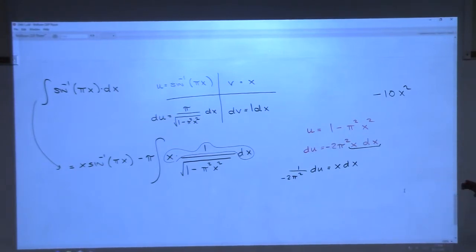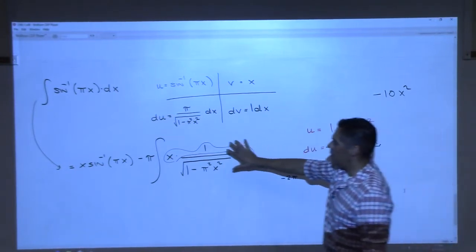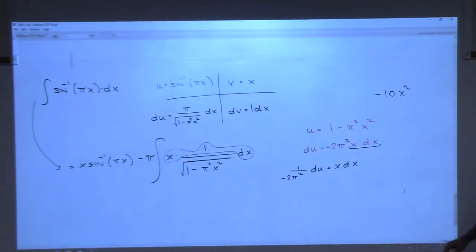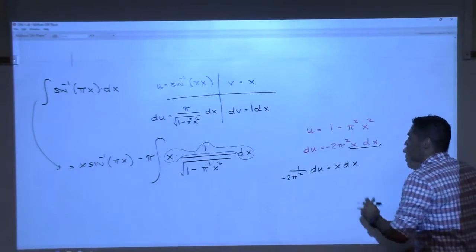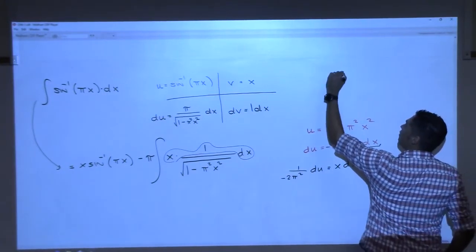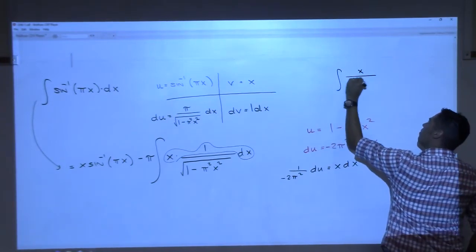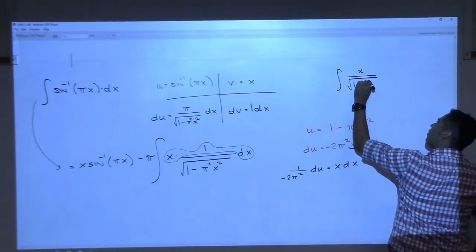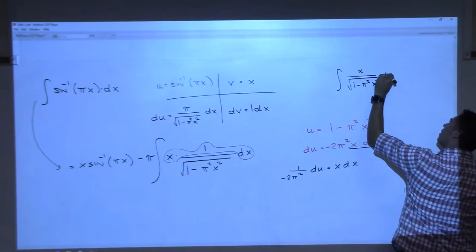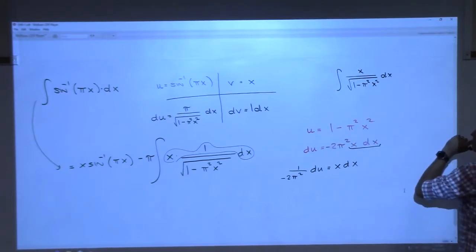That means I can rewrite that integral. So look, it's almost like I'm doing separate work on the side here. It's kind of like I've started over, and I've said, look, I'm trying to do this integral, x over root 1 minus pi squared x squared dx. And I did a basic u substitution.